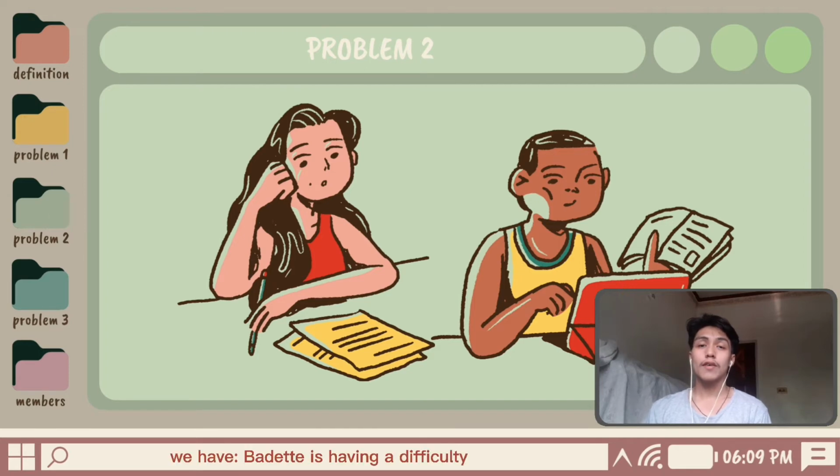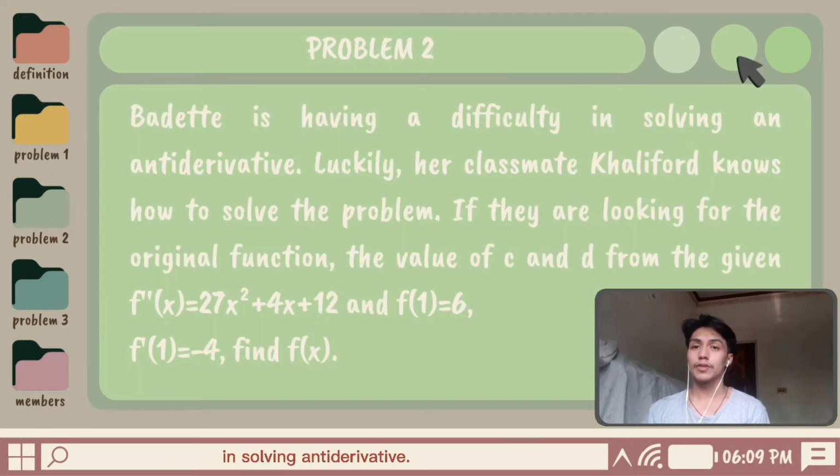We have Badette, who is having difficulty in solving an antiderivative. Luckily, her classmate Califord knows how to solve the problem. They are looking for the original function and the value of c from the given f double prime of x equal to 27x squared plus 4x plus 12, where f of 1 is equal to 6 and f prime of 1 is equal to negative 4. Find f of x.